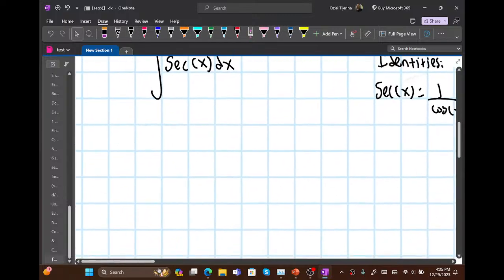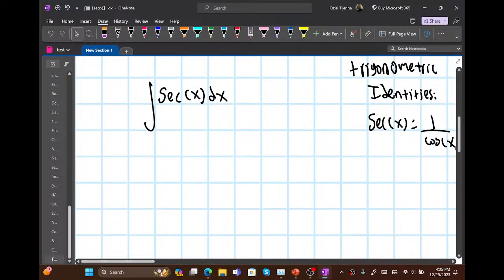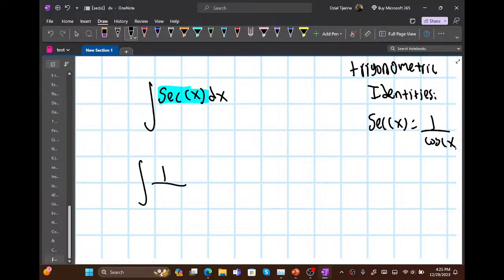So I'm going to rewrite it that way. In other words, this is going to turn into the integral of 1 over cosine of x dx.